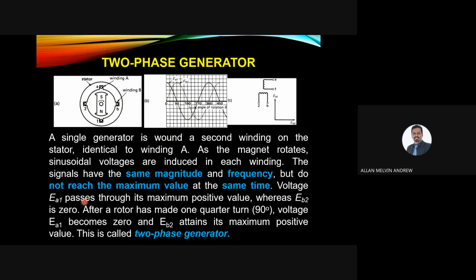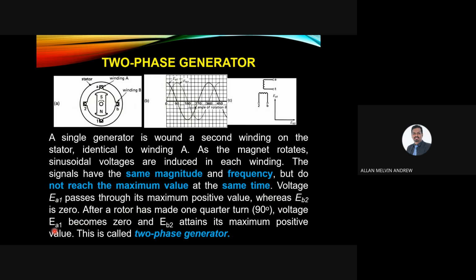Okay, so voltage EA1 passes through its maximum positive value. When it is at its maximum positive value, we can see EB2 is 0. After the rotor has made a quarter turn, 90 degrees, from here to here, then it will become straight like this.